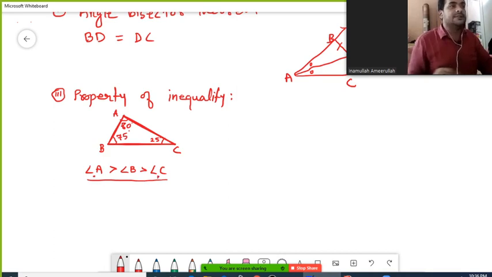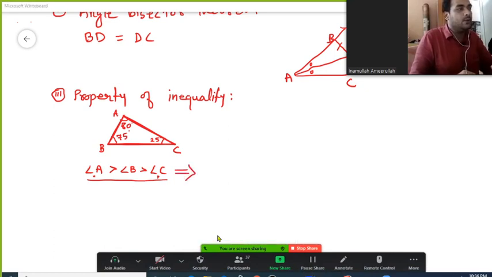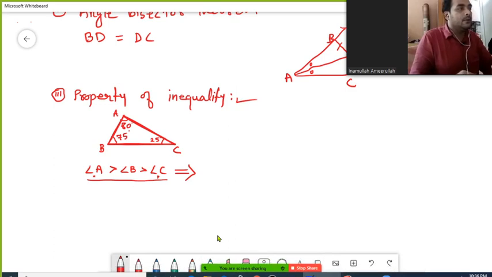On the basis of this comparison, we can say that BC is the greatest side, BC is greater than AC, and AC is greater than AB, which means BC is the greatest side, AB is the smallest side.